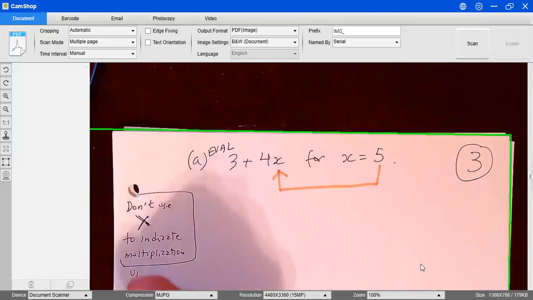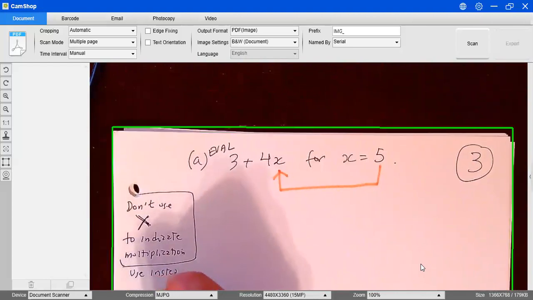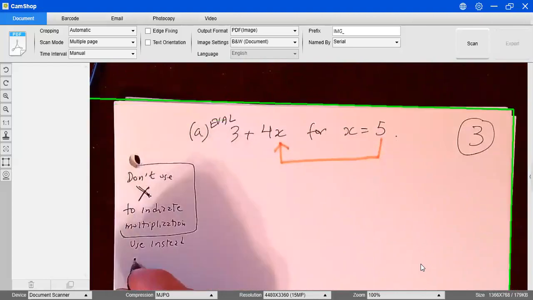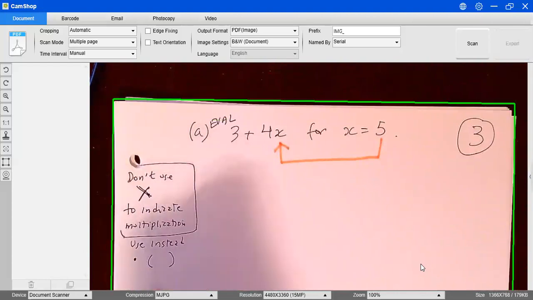So use instead a central dot, parentheses, or an asterisk. We can use those to indicate multiplication when you are working in algebra.